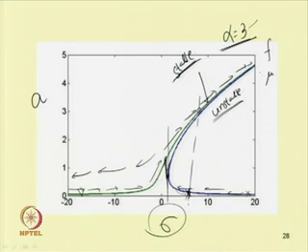So, in this multi-stable region, that is after this value, we have two stable zones. So, this is known as the bistable zone.